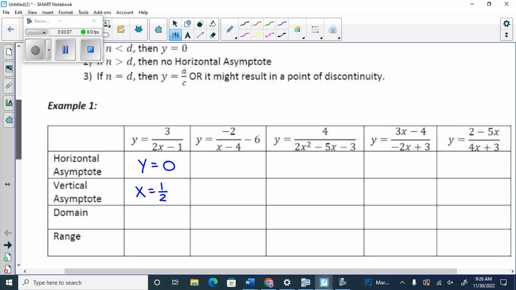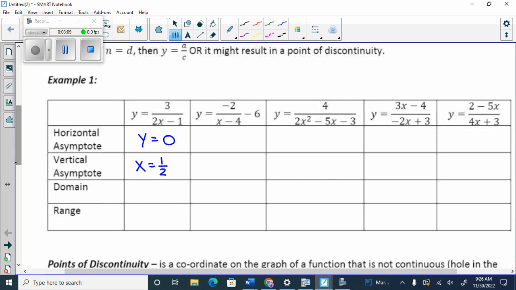So, my domain here would be, I don't want my board to shift, x such that x can't equal 1/2, but it equals everything else. That's what such that x and the reals. Only one that doesn't exist? Yep. How would you do that in interval notation?